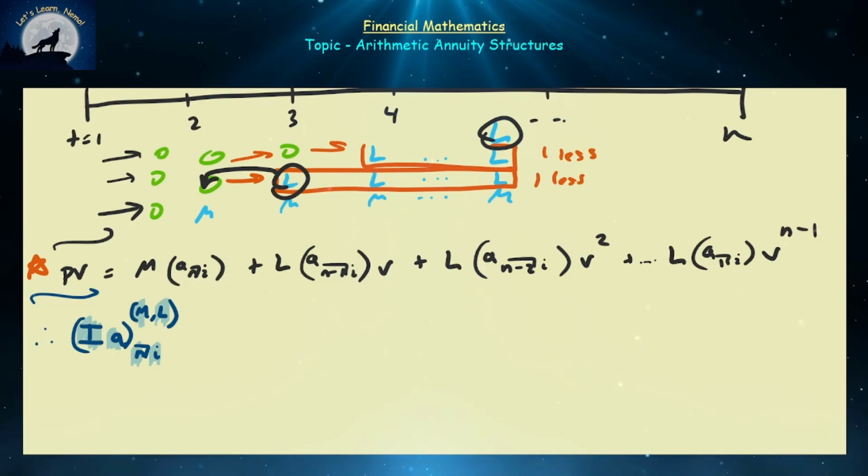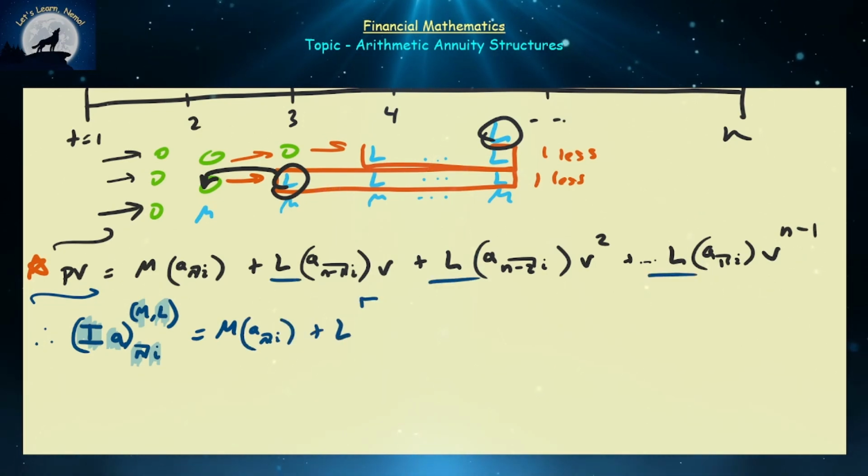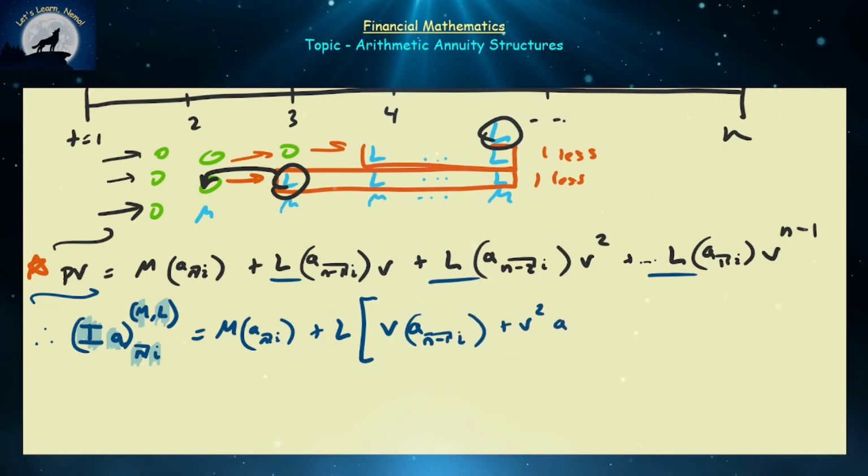So what is that? So that's going to be equal to, our first payment is m a_{n|i}. Notice that everything has an L in it, so I can factor that out. So L times a bunch of these objects. So we have ν a_{n-1|i}, and then ν² a_{n-2|i}, all the way down to ν^{n-1} times a.